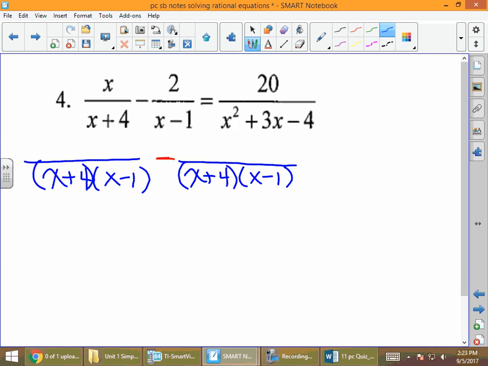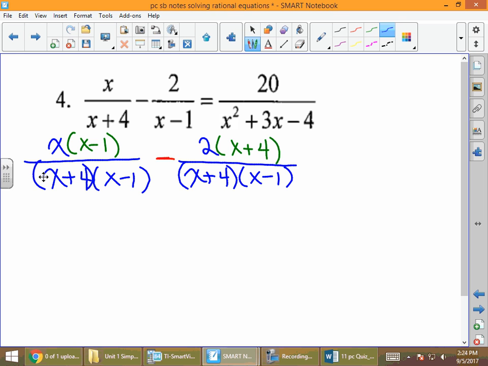And what did we put into the denominator that wasn't there before? On this left-hand fraction, we put in there an x minus 1. On our right-hand fraction, we put in here the x plus 4. And be really careful because we're subtracting.